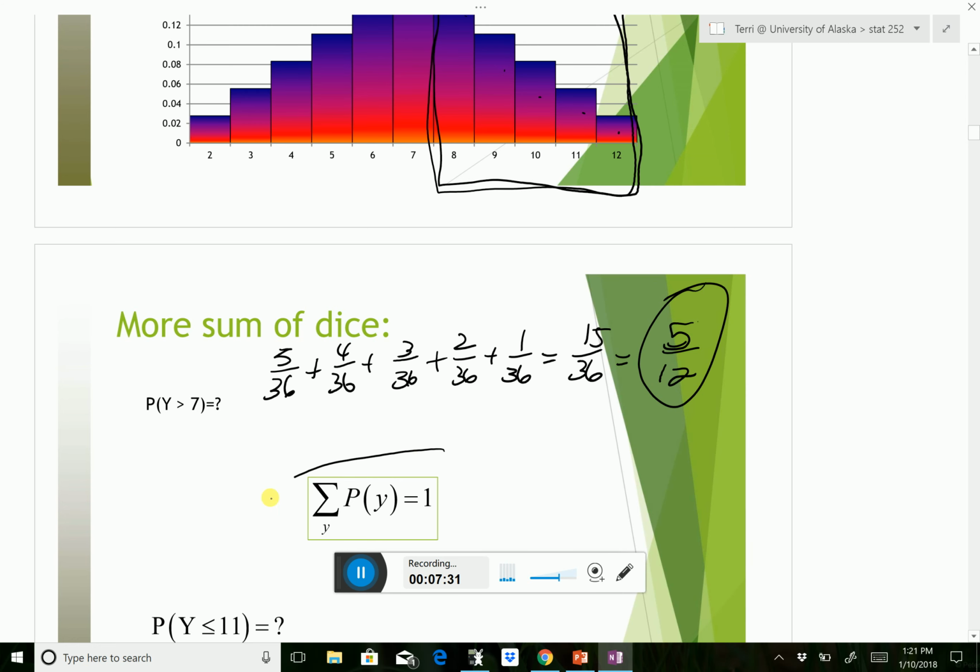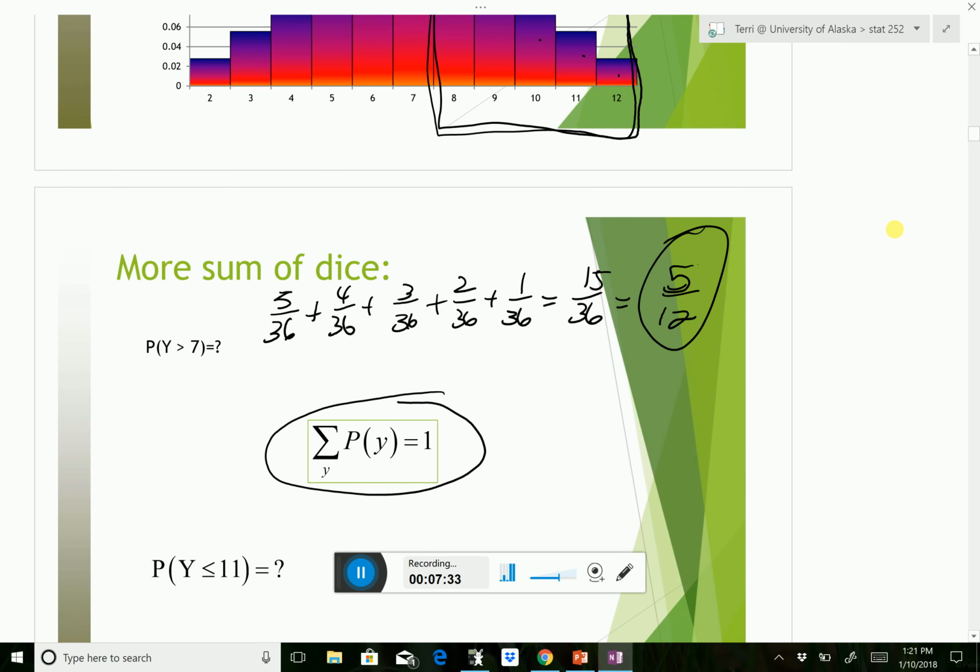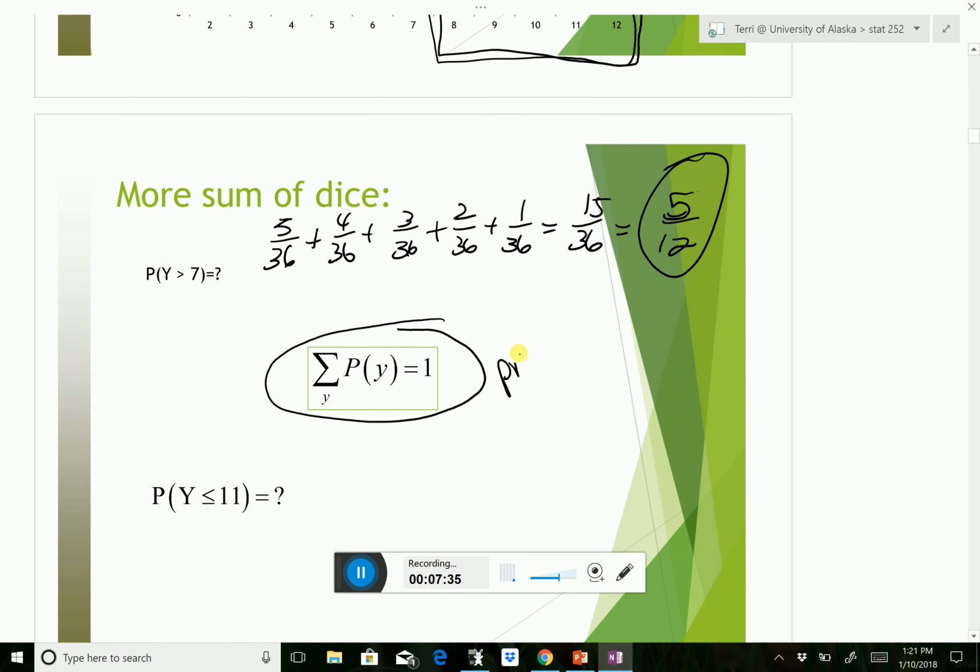So here's a good point that I want to make: for any probability distribution, the probability of every possible thing added together is 1, which makes sense. It's the probability that something happens, and those are the only things that are possible. So if we roll 2 dice, we're going to get between 2 and 12.